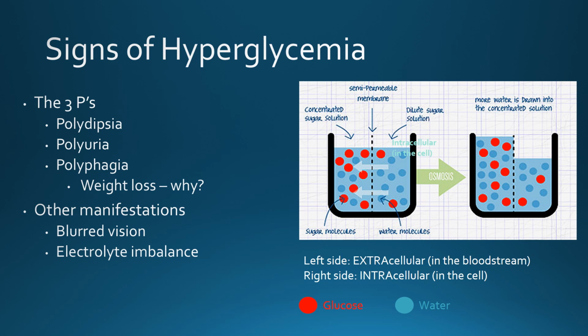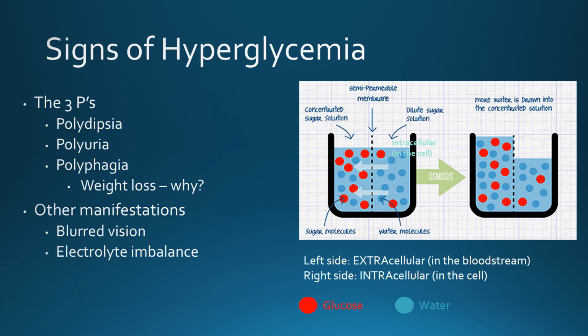But when we think about glucose, glucose is considered a solute. And so when glucose is in the blood in high concentration, it increases the concentration of the blood. Okay, so when you're looking at the picture over on the right-hand side of your screen, on the left-hand side, you can see how concentrated that is with those glucose molecules, which are your red molecules there.